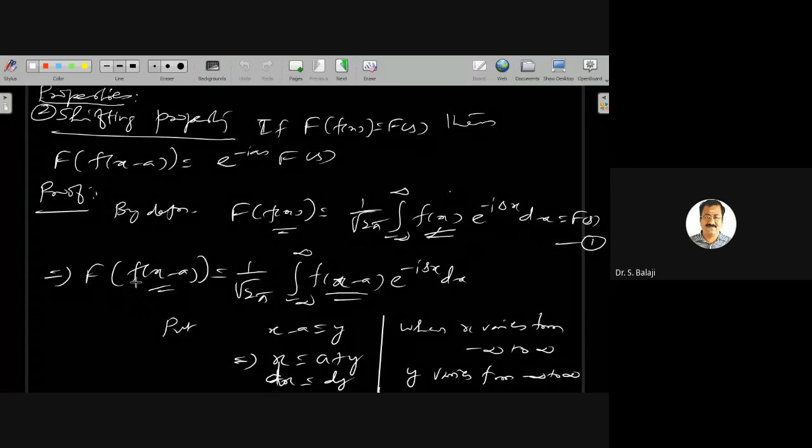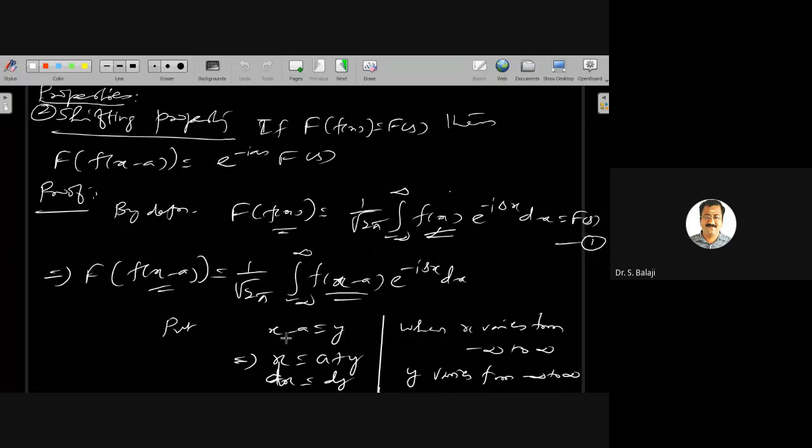Then the Fourier transform of f of x minus a, which is what we need: instead of f of x we replace f of x minus a, 1 by root of 2 pi, with the fixed kernel as usual, e power minus isx dx.